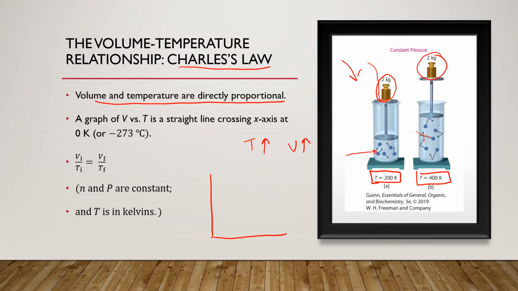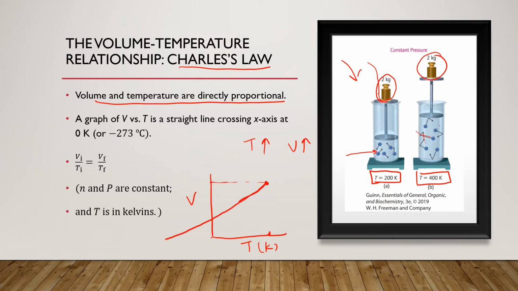In order for Charles' law to work, the temperature must be expressed in kelvins. At high temperature, we have some volume of a gas. As the temperature goes down, the volume also goes down, so it will be a straight line.